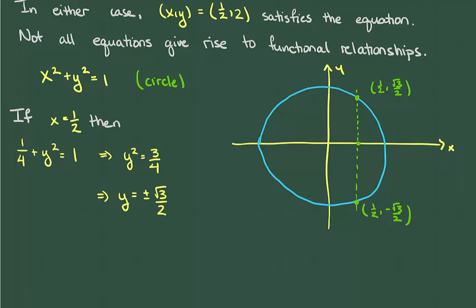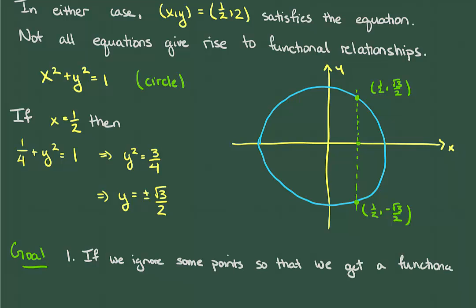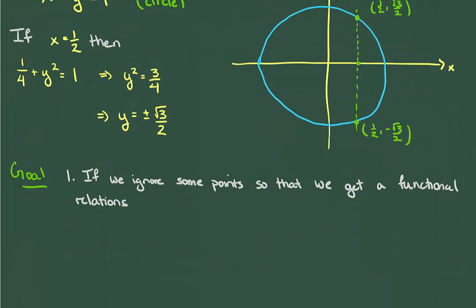So with that review of implicit and explicit relationships, let's turn to our goal, which is to discuss derivatives in this context. Note that if we're willing to ignore some points, we can find a functional relationship. In the case of the circle, we might ignore the entire lower half, which would then allow us to write y as a function of x.